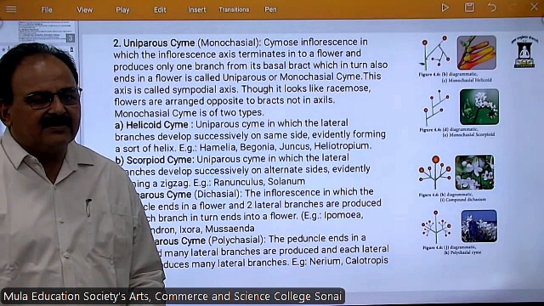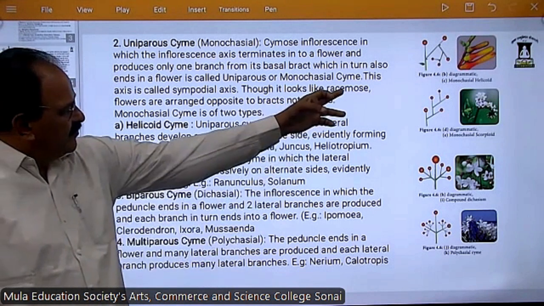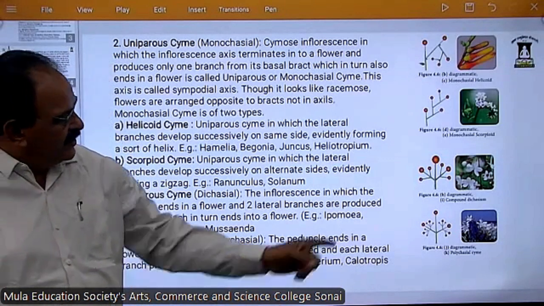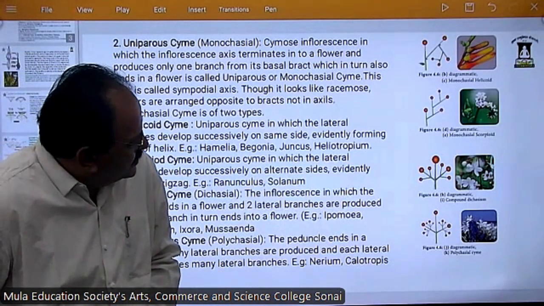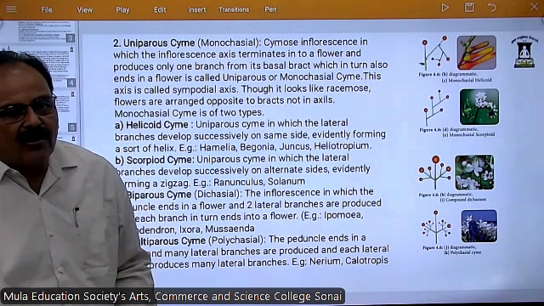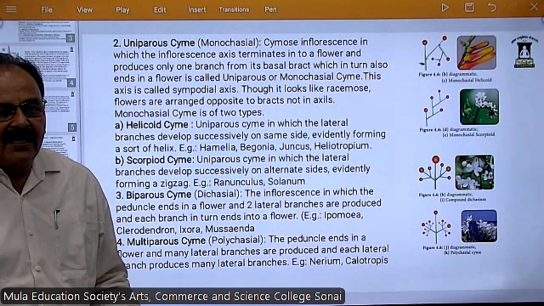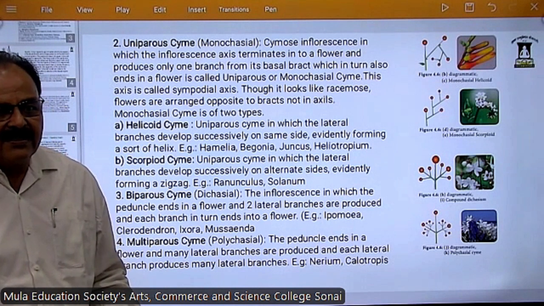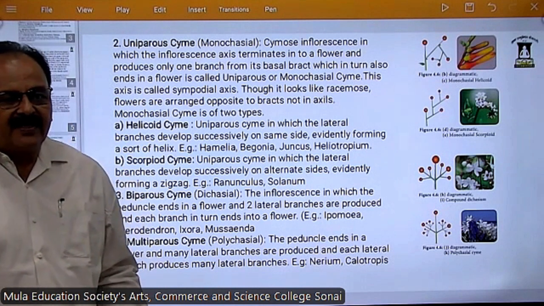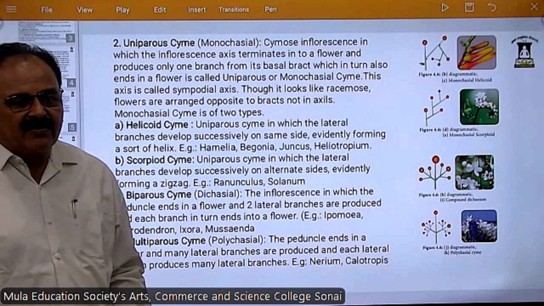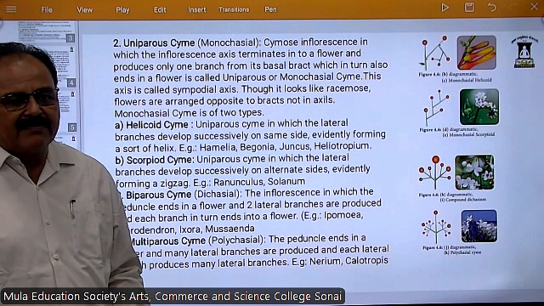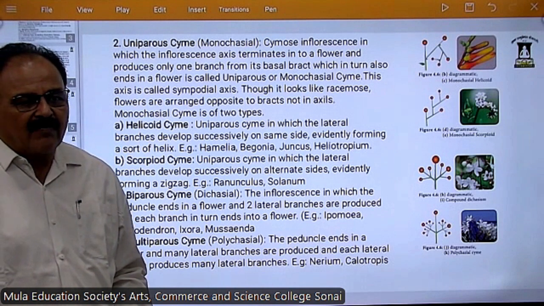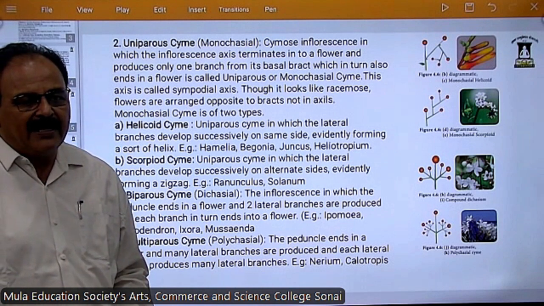Helicoid cyme, this is a flower of helicoid, and second is monochasial scorpioid. Uniparous cyme in which the lateral branches develop successively on the same side, eventually forming a sort of helix, for example, Hamelia.